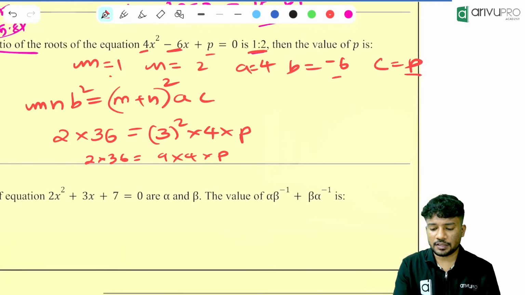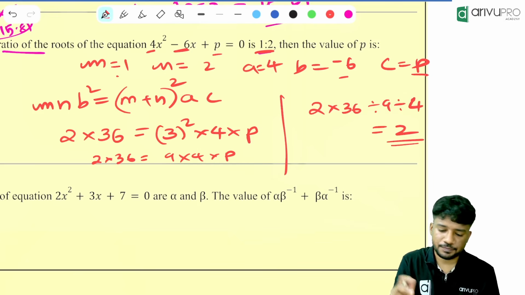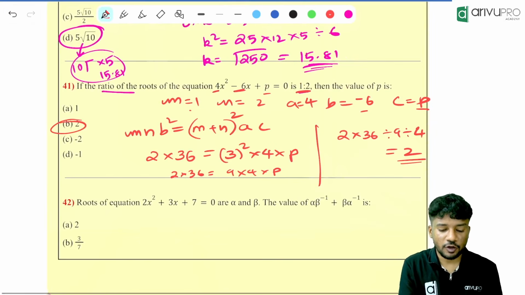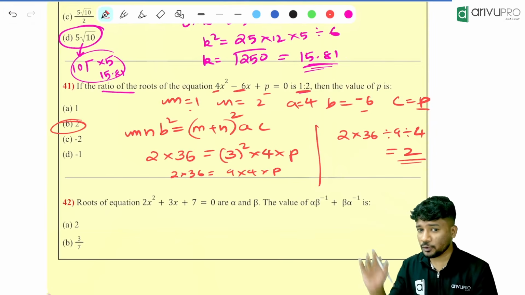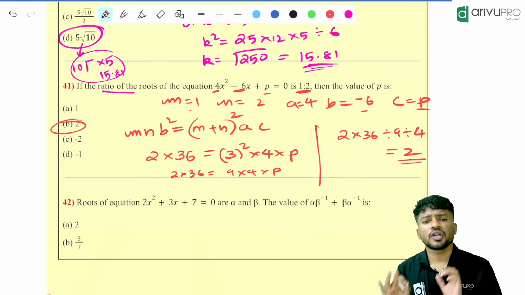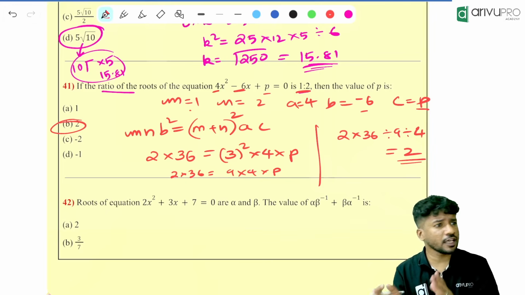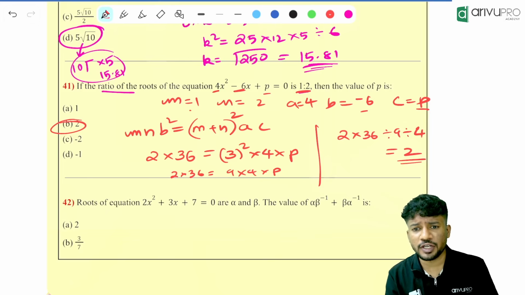So take your calculator and do it accordingly. Type 2 into 36, divide by 9, divide by 4, which is equal to 2. If you are not good with taking common factors out and cancelling, take your calculator and type, so you don't make mistakes by rearranging. Did I do any rearranging here?